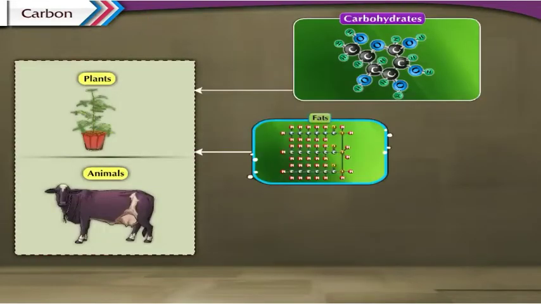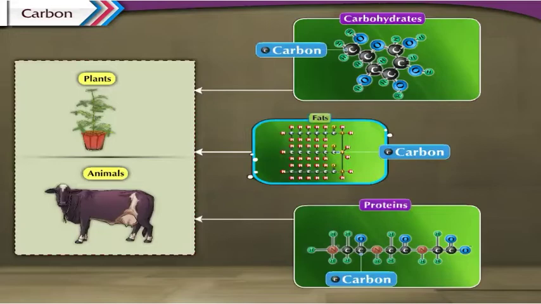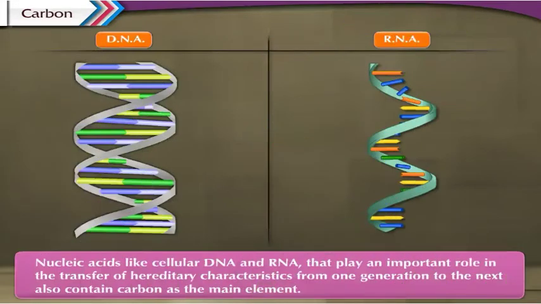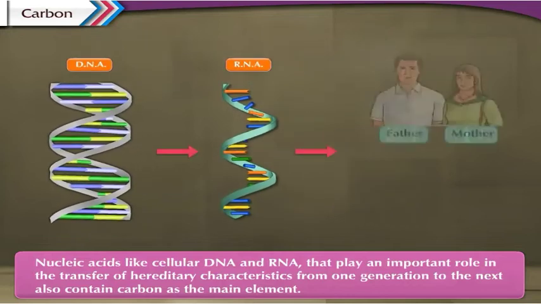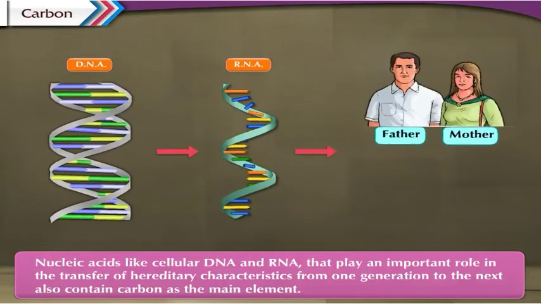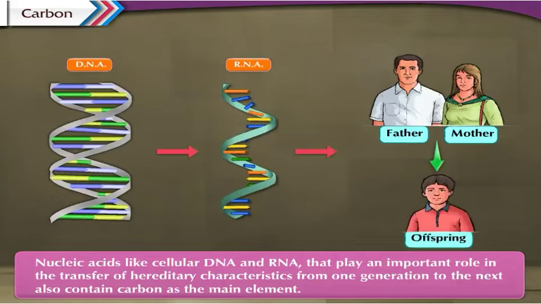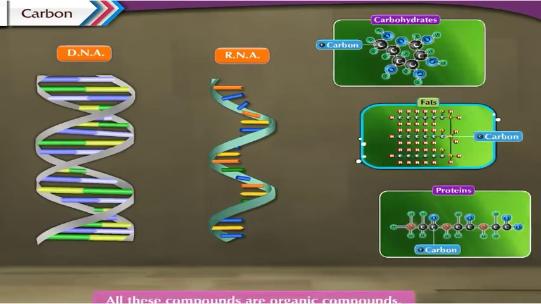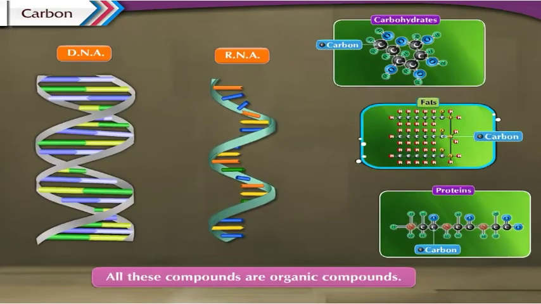Carbohydrates, fats, proteins contain carbon as the main element. Besides, nucleic acids like DNA and RNA that play an important role in the transfer of hereditary characteristics from one generation to the next also contain carbon as the main element. Hence, all these compounds are organic compounds.